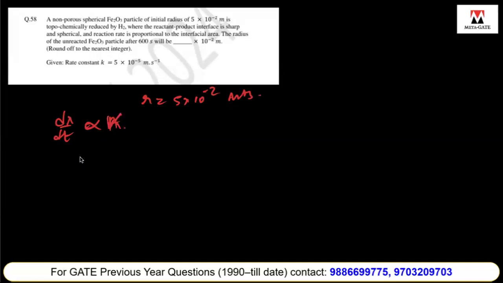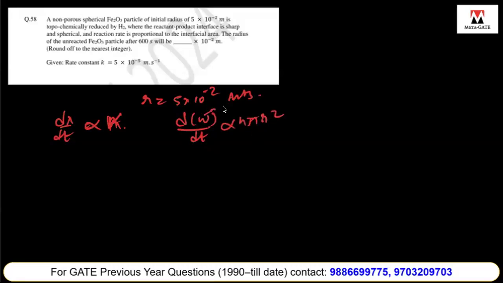k. So dw by dt is proportional to area, 4 pi r square.